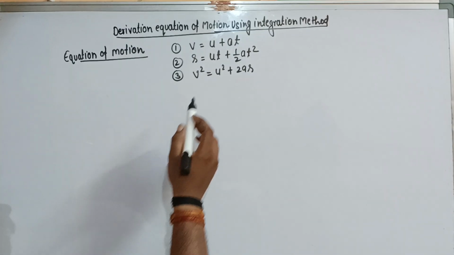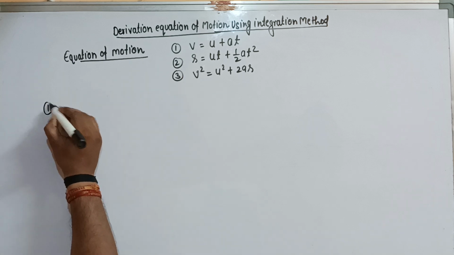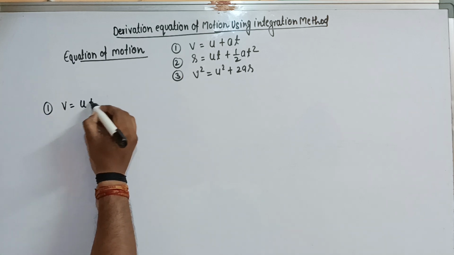First equation of motion, v is equal to u plus at.